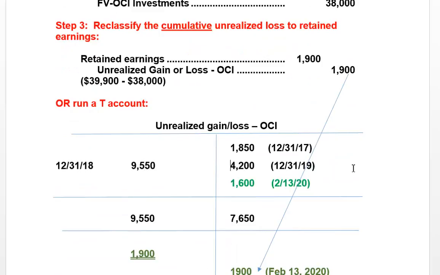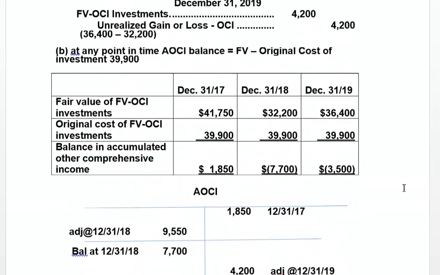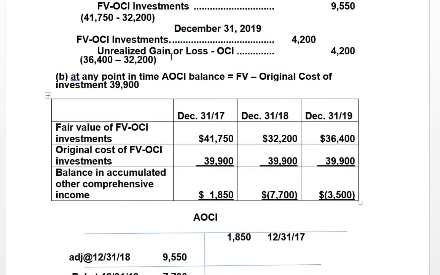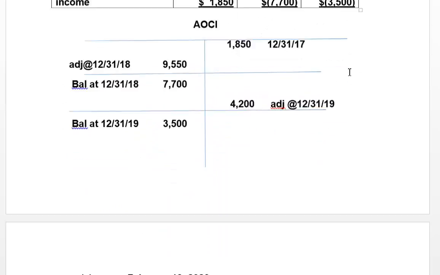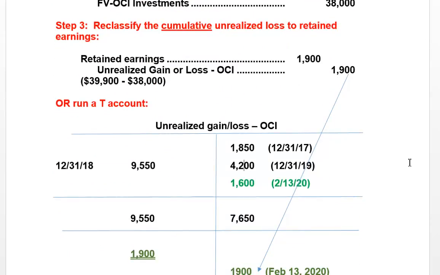You'll remember too, we raised it from $32,200 to $36,400. So at the end of 2019, we actually processed a credit, right, to the unrealized gain or loss. So we adjusted that OCI account by $4,200 at the end of 2019, right? Well, now we had one other adjustment we did in 2020.